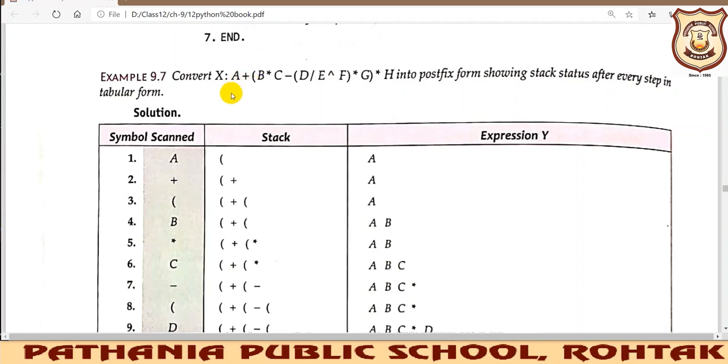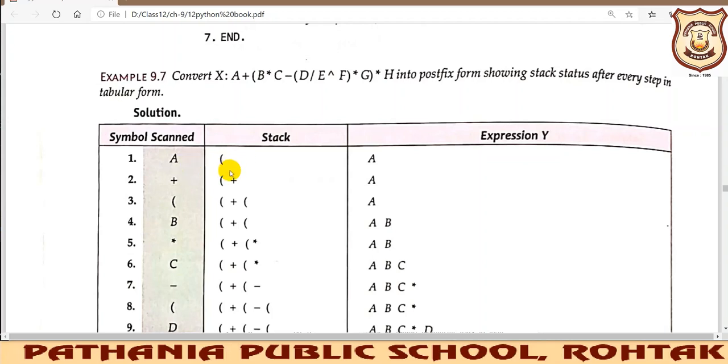At one time we will be scanning or reading one operand, operator, or bracket. You will take them one by one from the given expression and write it here. If it is an operand, then you will shift it directly to the expression y, and if it is a bracket or an operator, then you will write it in the stack.